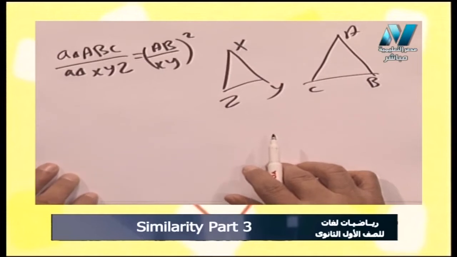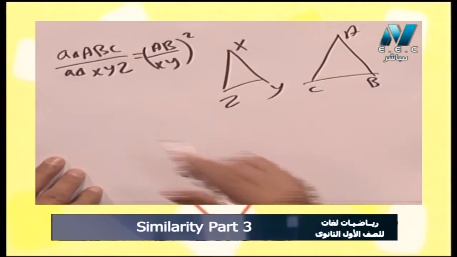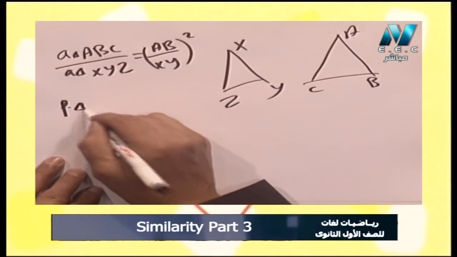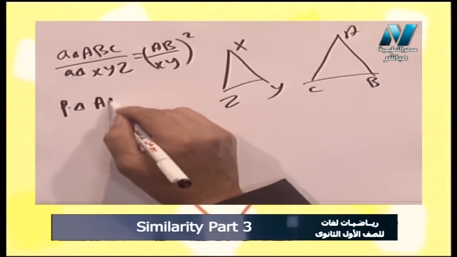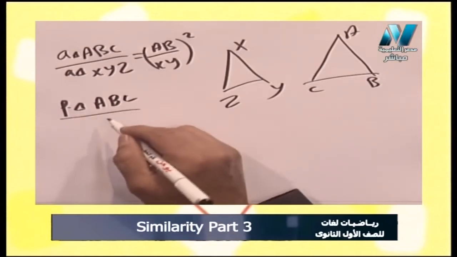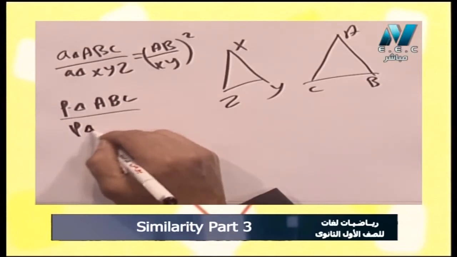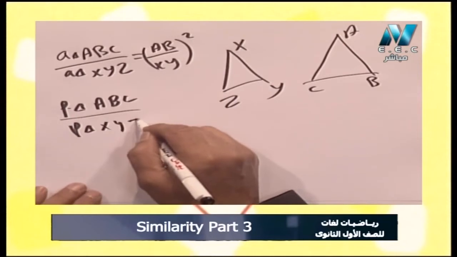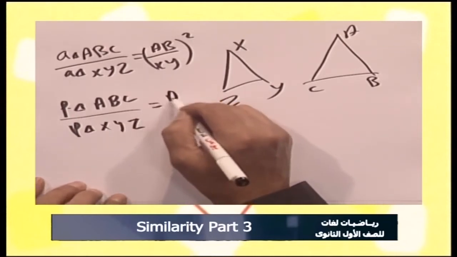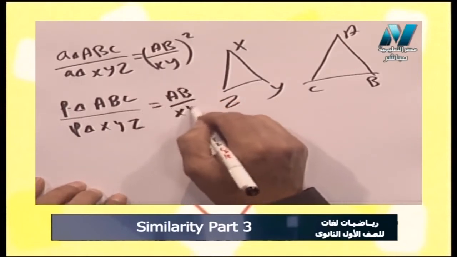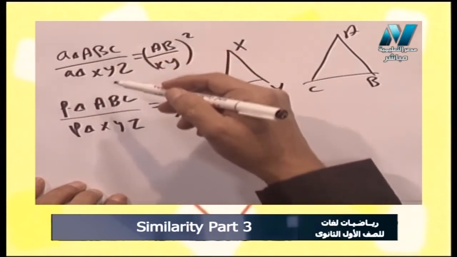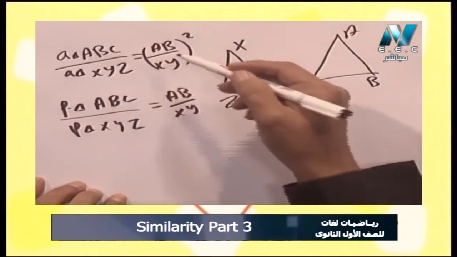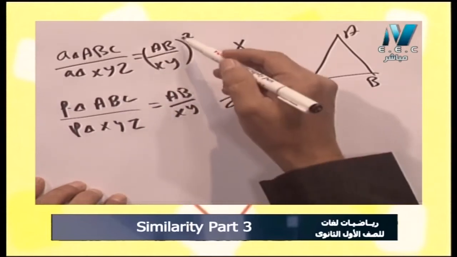And we know from the previous lesson that the perimeter of triangle ABC over the perimeter of triangle XYZ equals the same ratio but not power 2. Area only, the ratio between the two areas of the triangles only will be AB over XY squared.